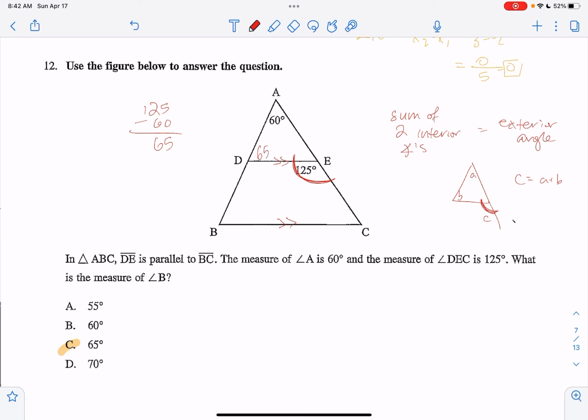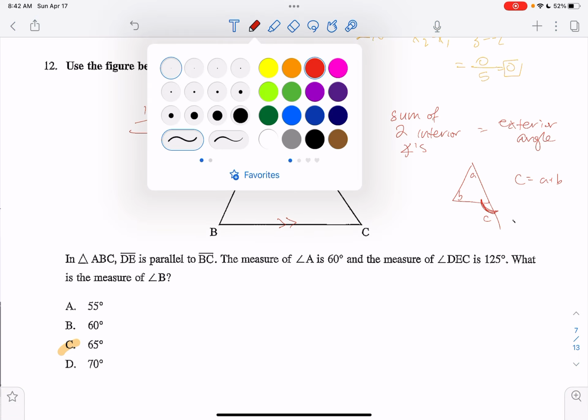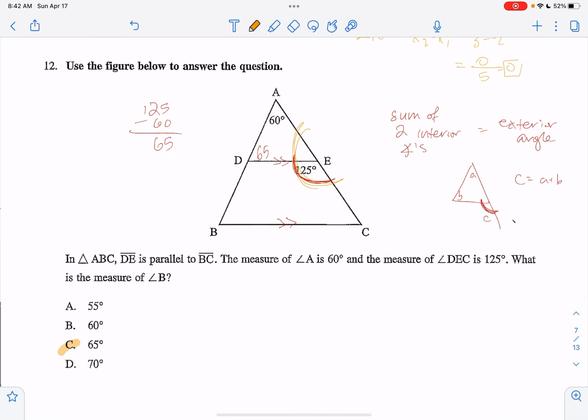Now, the other thing that you can do is to use supplementary angles here. You know that this straight line has to be 180 degrees because they are supplementary. So 180 minus 125 is equal to 55.